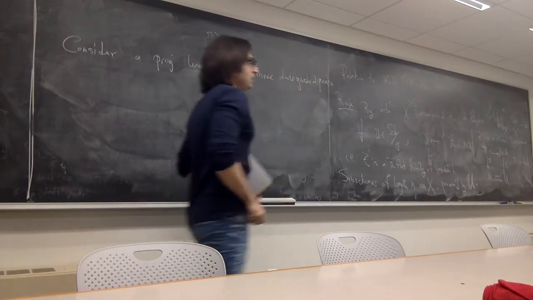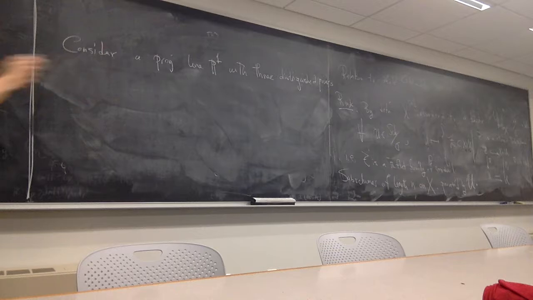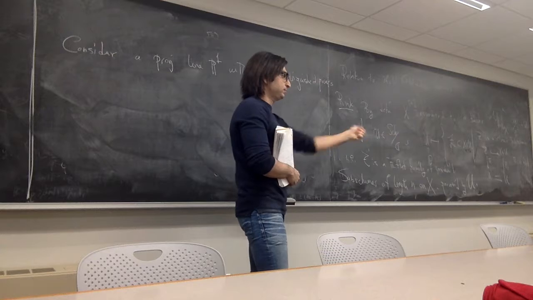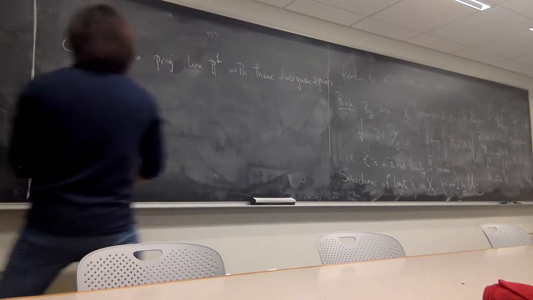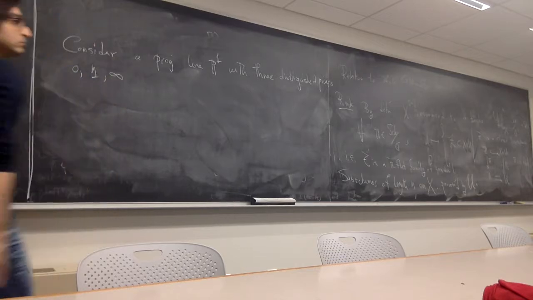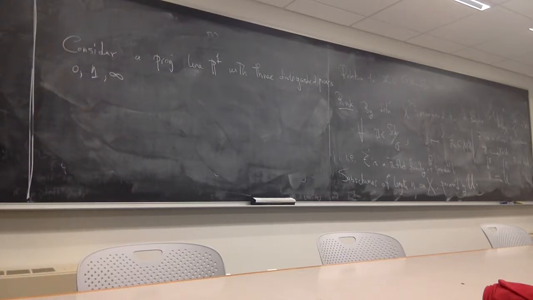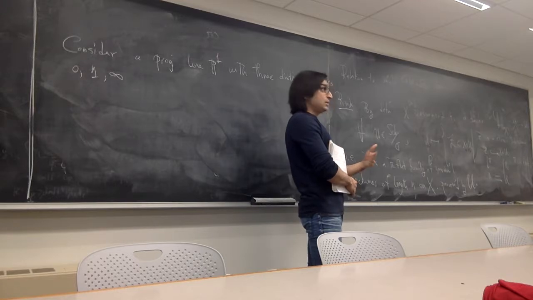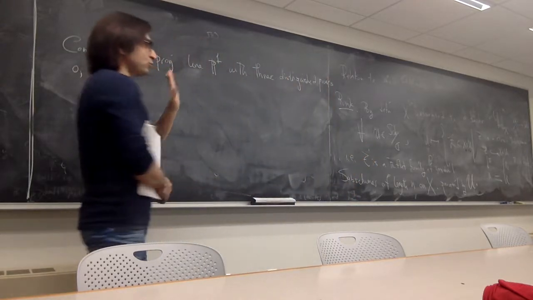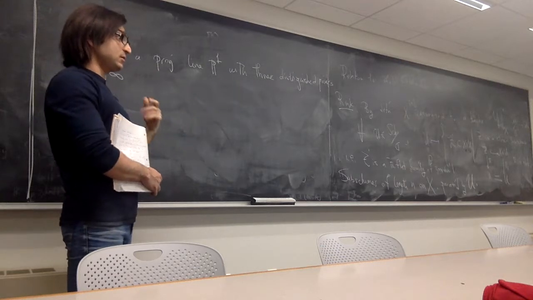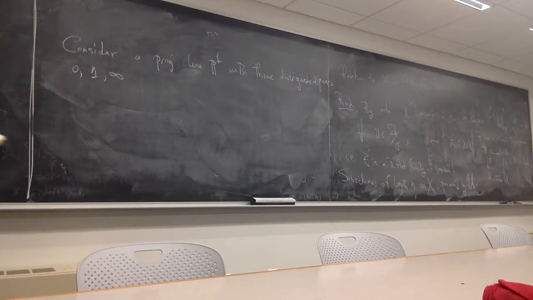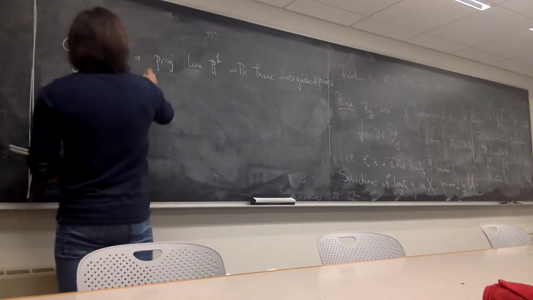We are embedding the P1 inside the Hilbert scheme, but we want this to be a three-pointed curve. So we fix the three distinguished points of P1. We think of these as marked points, and we map this into the Hilbert scheme. Obviously, this gives me some curve with homology class n times P1, and somehow it needs to see three cycles inside. This curve needs to meet three cycles inside the threefold, right?